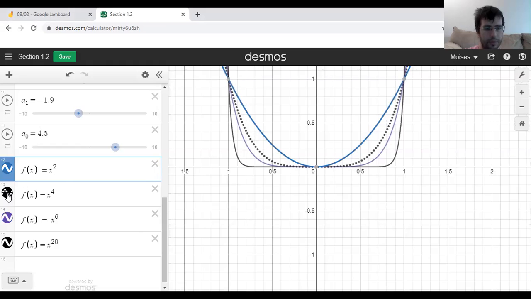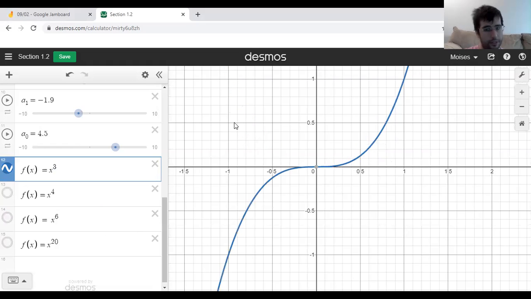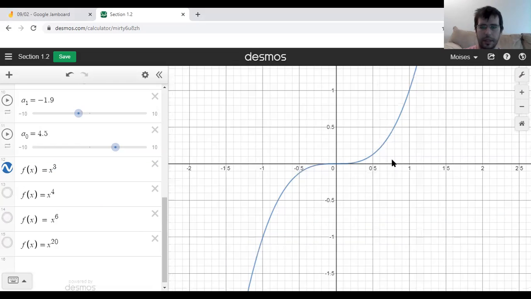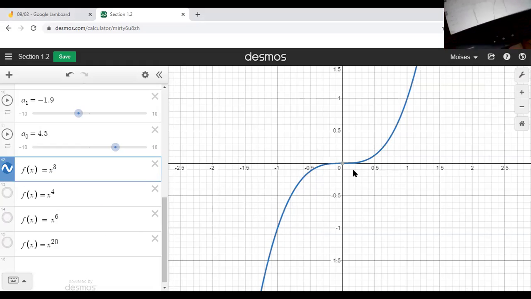If you do odd powers, what you see is that x cubed looks sort of like half a parabola. Again, not exactly a parabola. And on the other side, it's the exact same shape, but facing down. If you flip the picture upside down, it looks exactly the same.